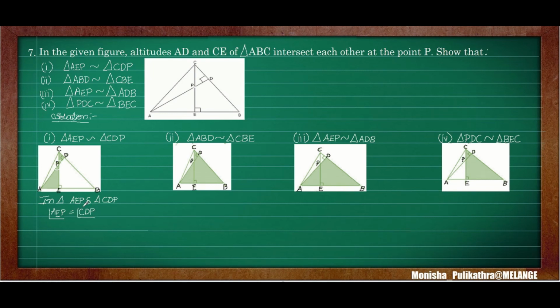So angle E and angle D are 90 degrees. These two are equal because both are 90 degrees, and in both triangles, angle P is common, right? So in triangle APE and triangle CPD, angle P is common.